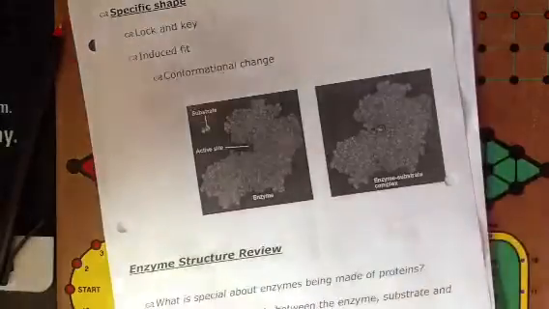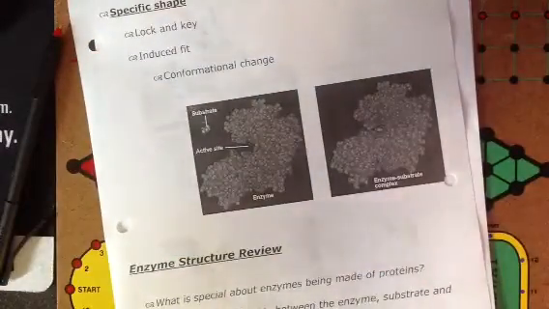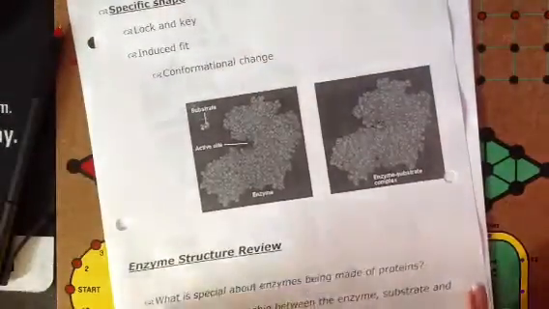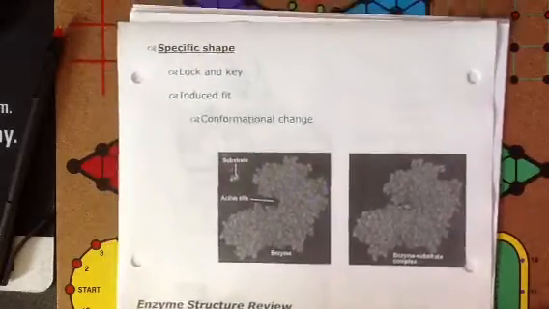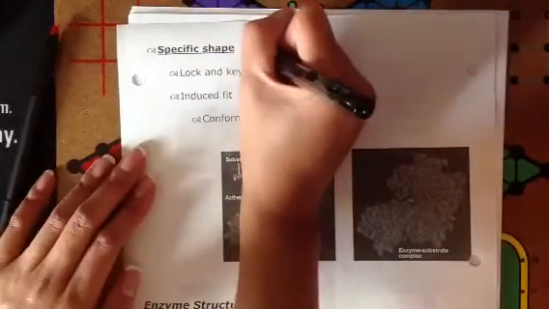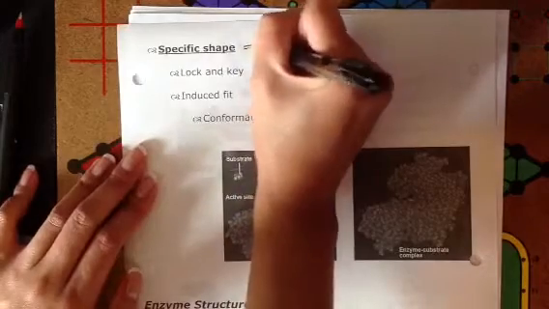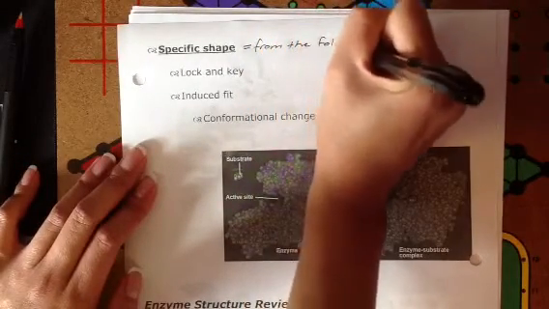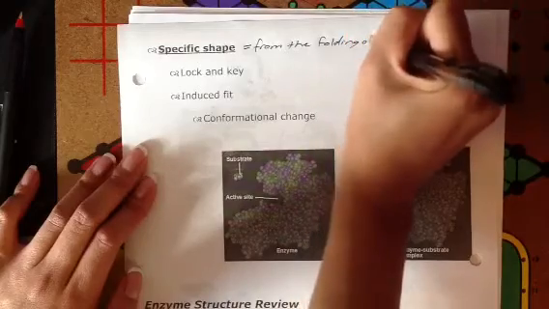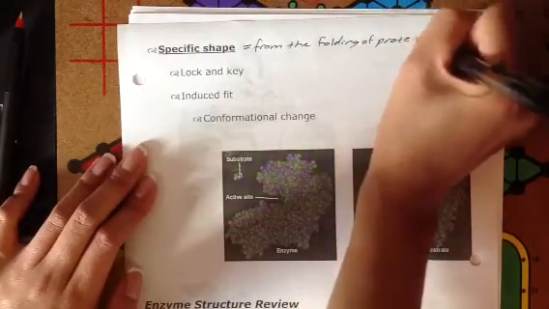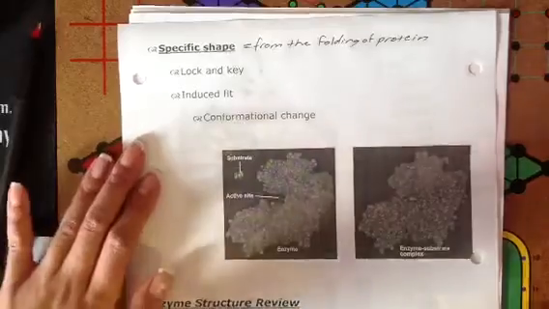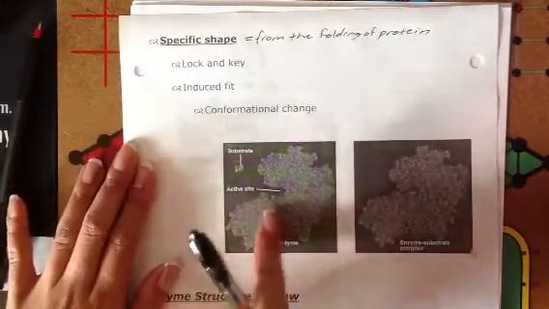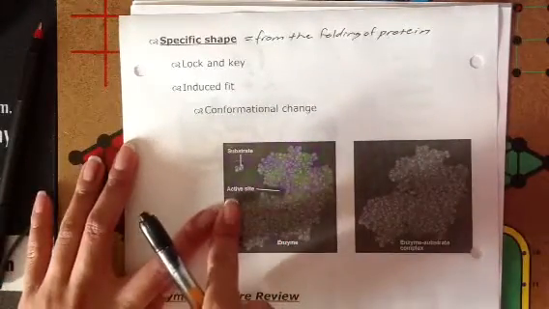Now, today we are going to look at one of the other properties of enzymes, which is having a very specific shape. And remember that the specific shape of an enzyme is from the folding of the protein. So here you have the enzyme. You have its specific shape, which is known as the active site.